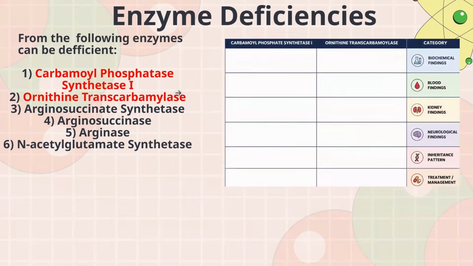So here I made this table, and to be honest, yes, I did use GPT, but it explains it well. For starters, the biochemical findings of having deficiencies in both of these, you're going to notice increased NH4 plus, which is hyperammonemia, because we have a lot of ammonia and it's not being converted to what we need.